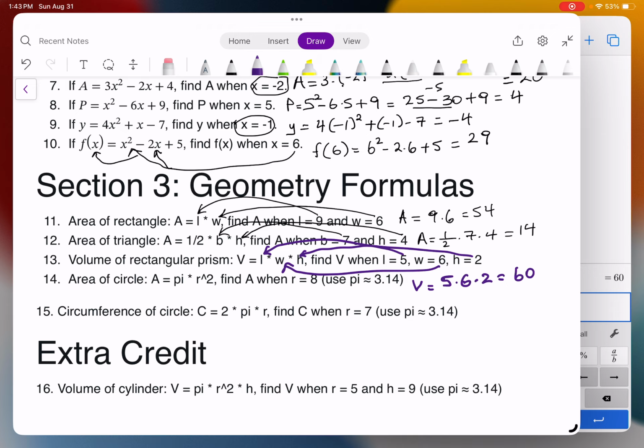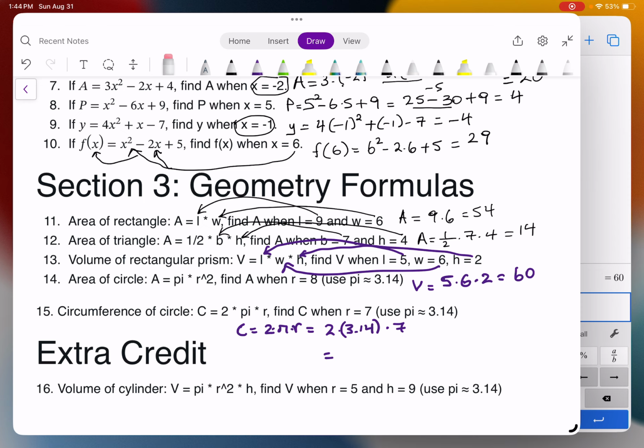Number 15, C equals, C for circumference, 2 pi r. You can put times in between, and if it's missing, it's understood it's there. 2 times, the directions say replace the pi with 3.14, so 3.14. You can use parentheses if you like to separate it, times r is 7.